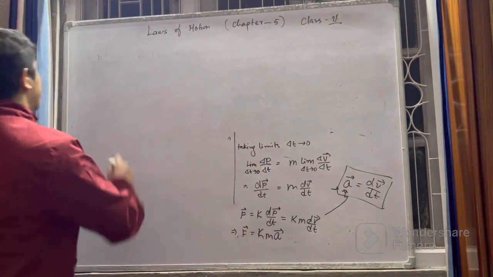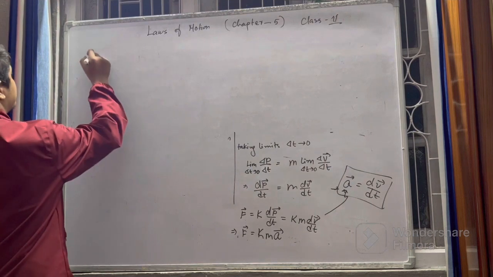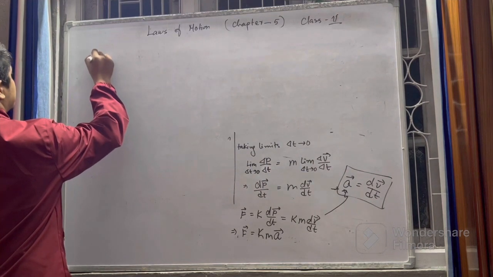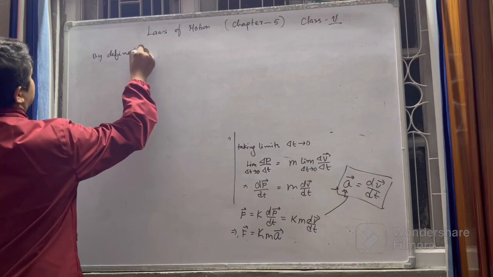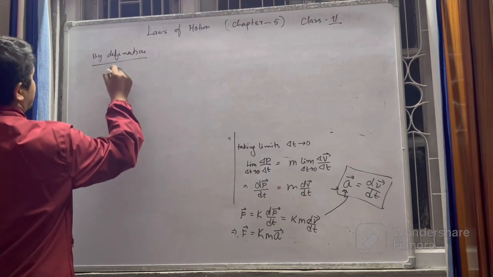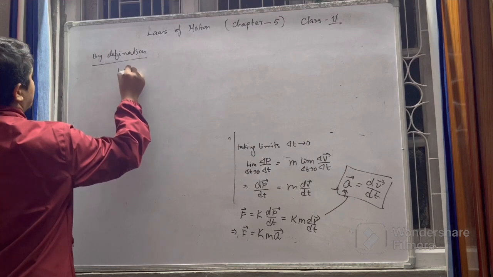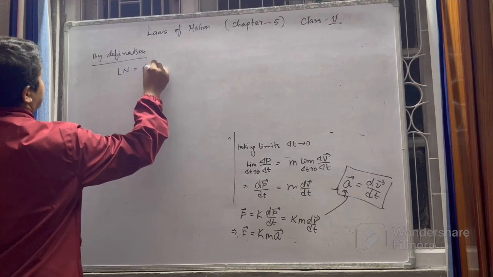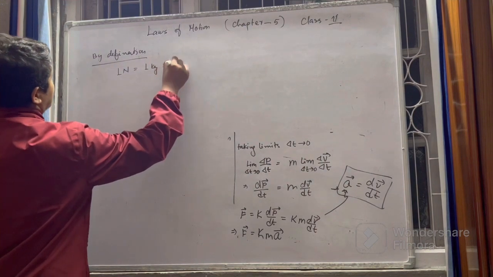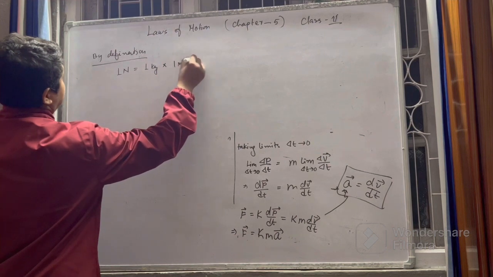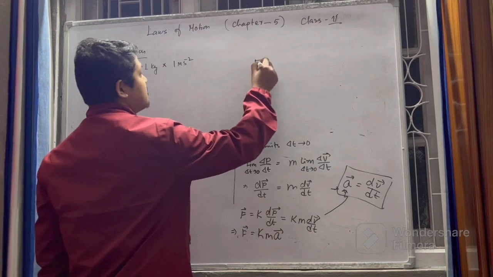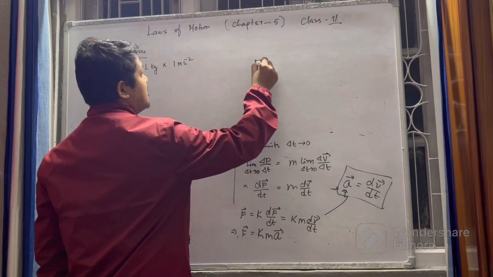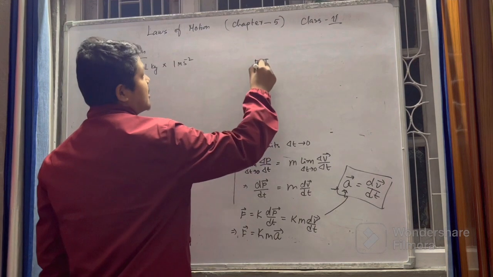Now you see, by the definition of 1 Newton force, 1 Newton force is equal to 1 kg into 1 meter per second square. So what does it mean? Suppose you have a 1 kilogram object, 1 kg mass.